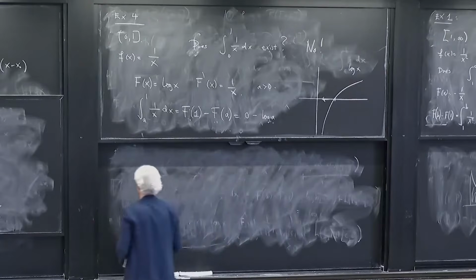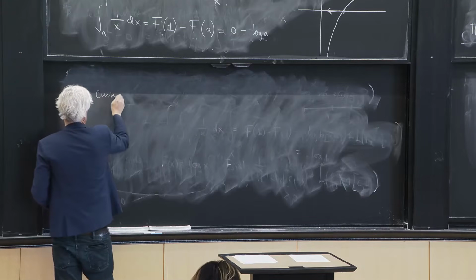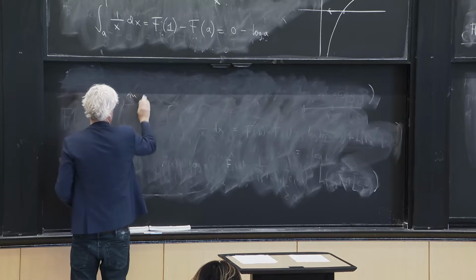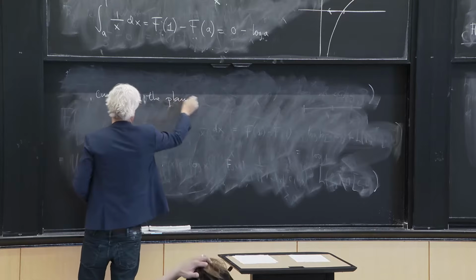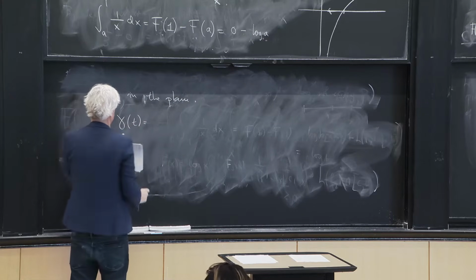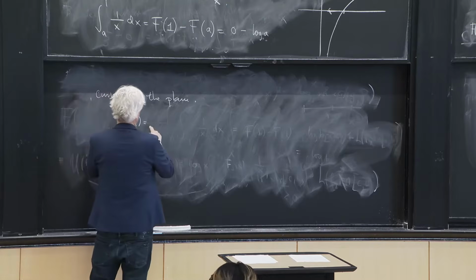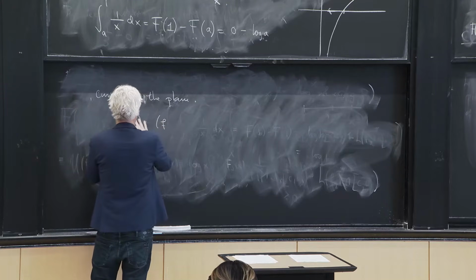So gamma of s is a curve in the plane, which means that it has 2 coordinates, f of s and g of s.